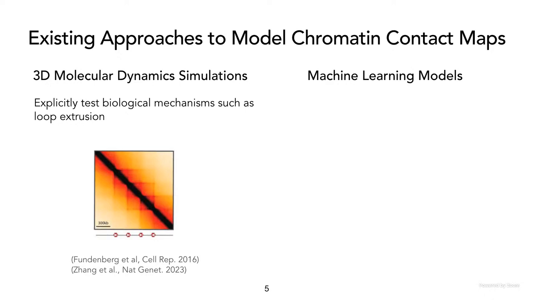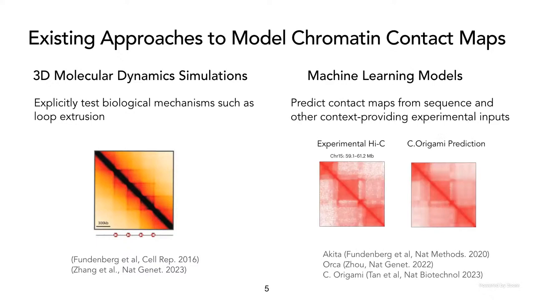Machine learning models, on the other hand, predict contact maps from the sequence and other context-providing experimental inputs, such as ChIP-seq or ATAC-seq. And they do a fantastic job at predicting the contact maps from sequence. There have been plenty of machine learning models designed in the past years.